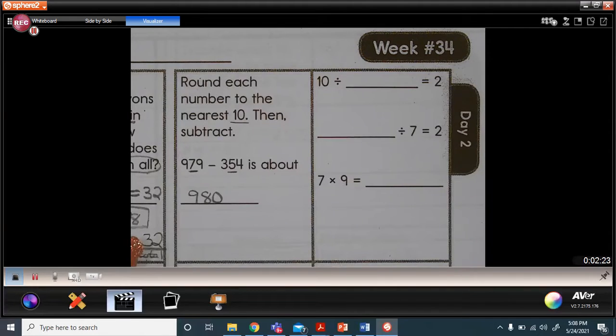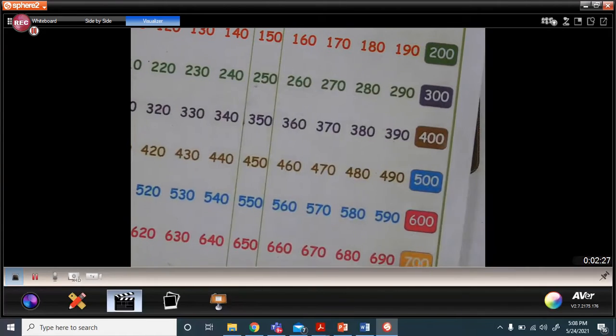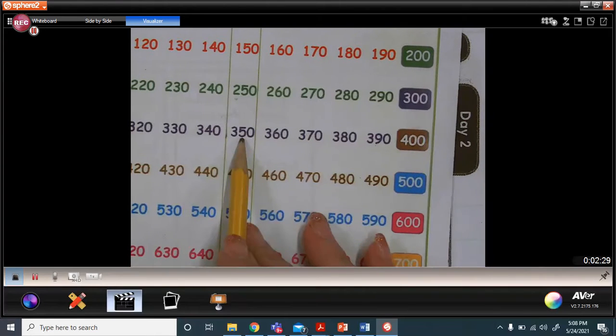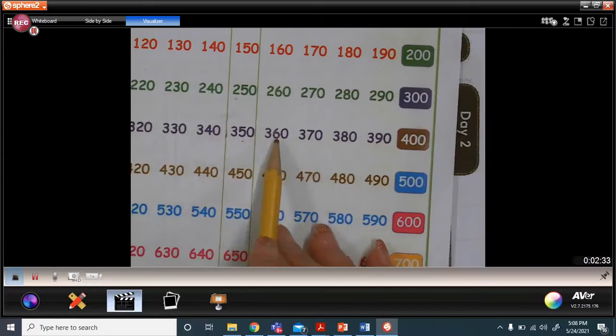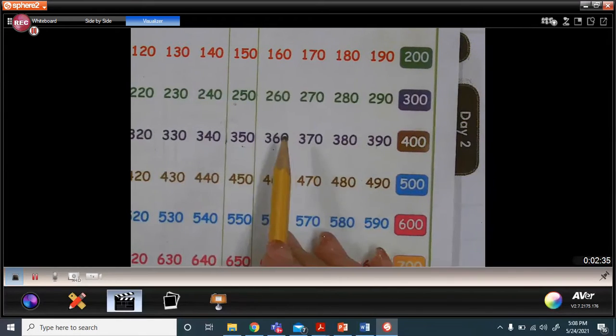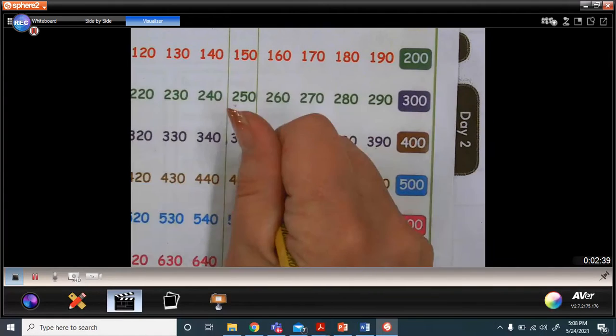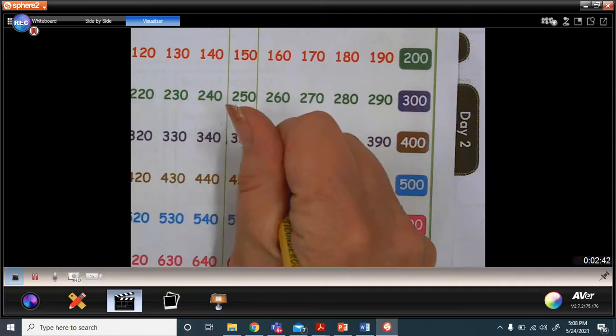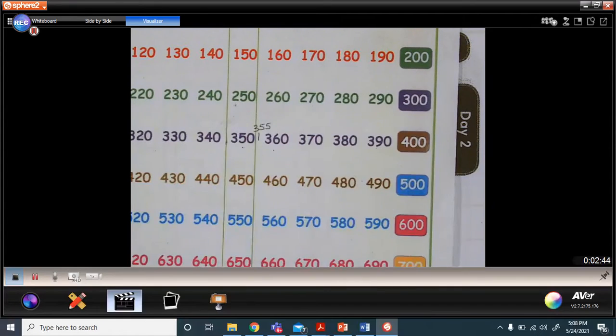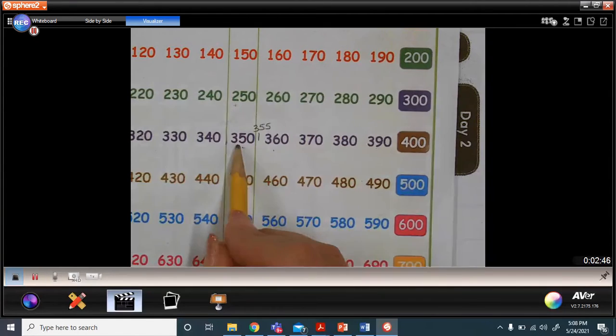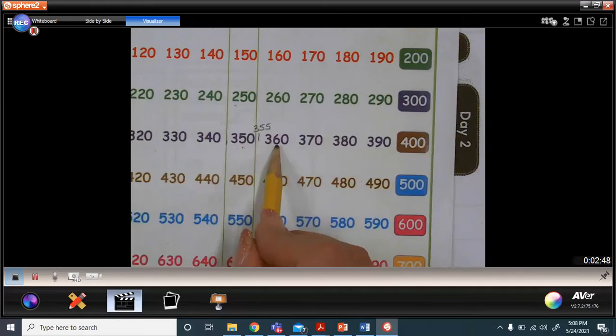Now, I'm going to round 354. 354 is going to be between 350 and the next 10, which is 360. And remember, 5 is right down the middle. So if I think of 355, it's going to be between 350 and 360.